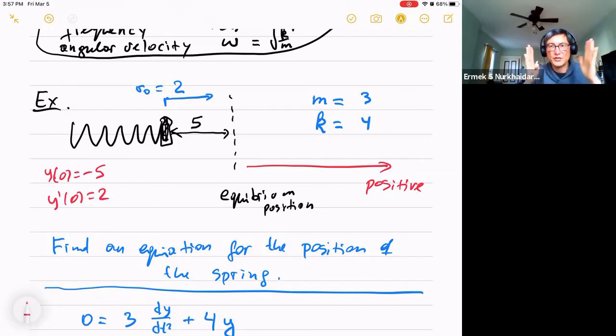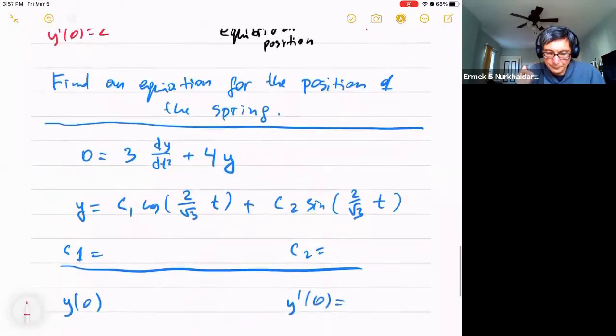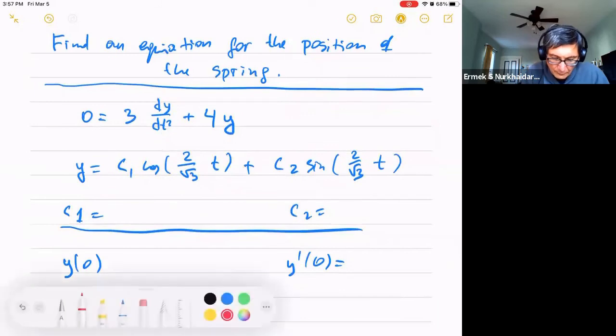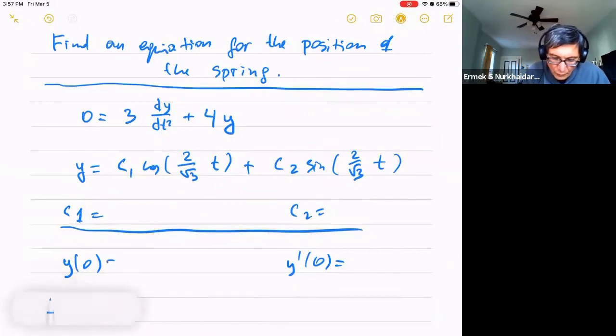Because my displacement is to the left, left is the negative direction, so y of 0 equals -5. And because my initial velocity is positive 2, y prime of 0 equals 2.